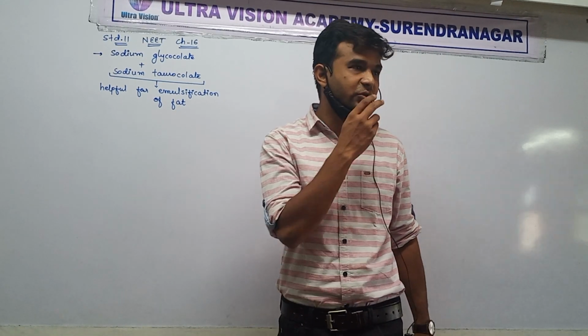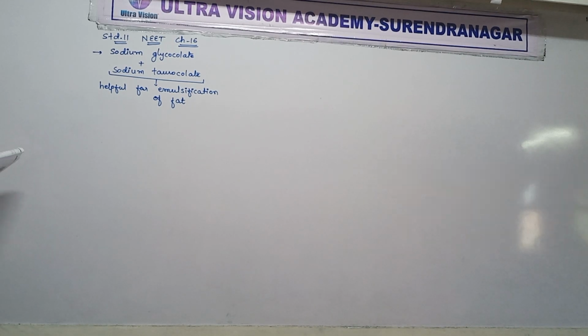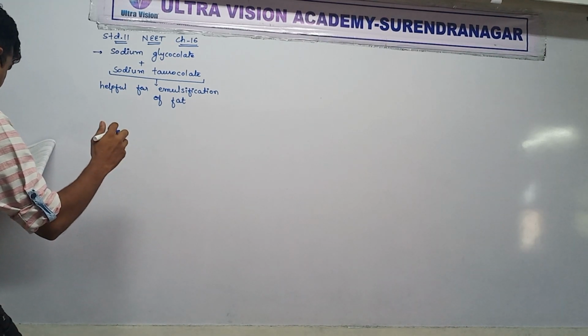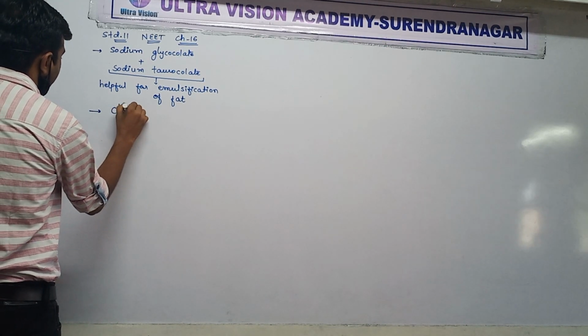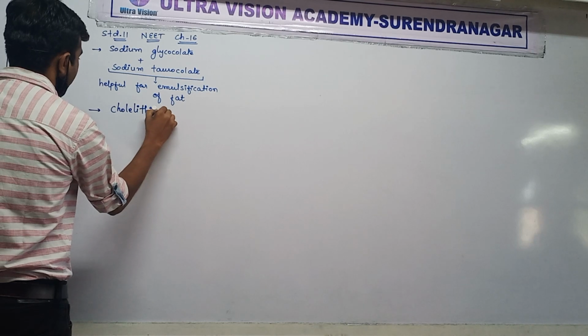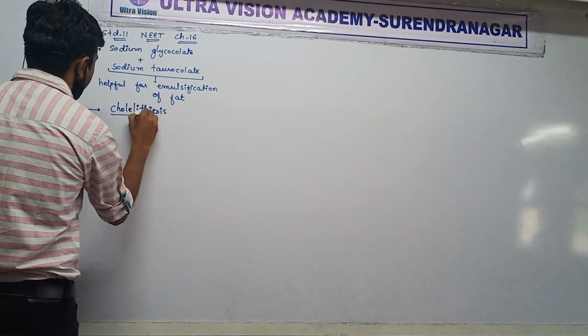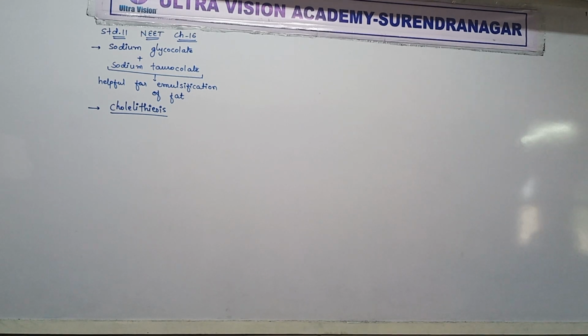So obstructive jaundice is due to gallstone. Gallstone formation is known as cholelithiasis, the formation of stone in the gallbladder.